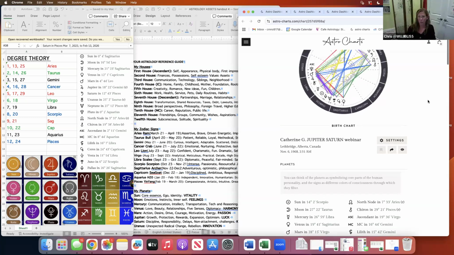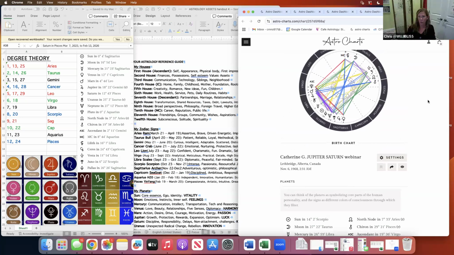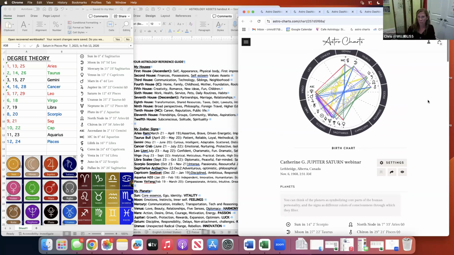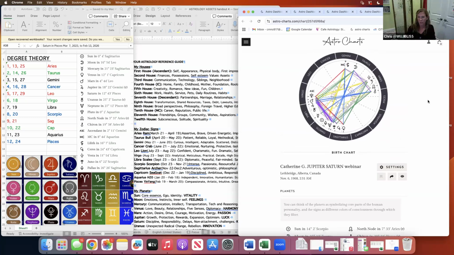Now, because your ascendant is in Virgo, your chart ruler is Mercury, and your Mercury is in Libra in the 2nd house. So Mercury gives you the ability to speak to all different kinds of people. And Libra is about being fair to everyone. Libra is about the scales, about justice, about rooting for the underdog.